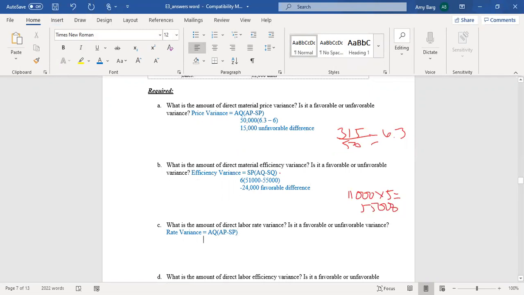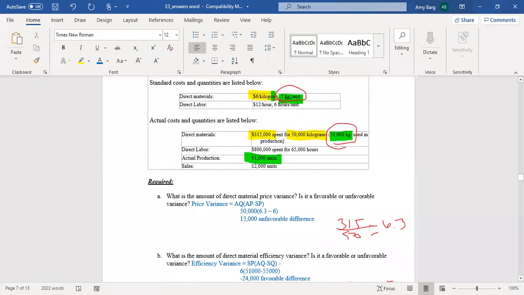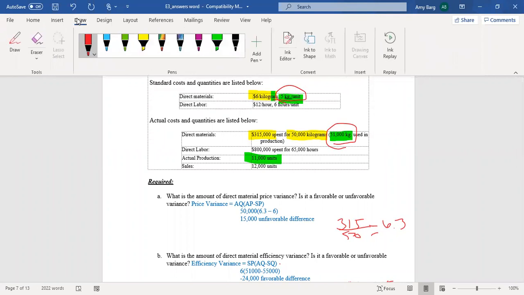So let's go up and look at what they're telling us in the facts. It tells us that the actual amount of hours used was 65,000 hours, and that we spent $800,000 for that.